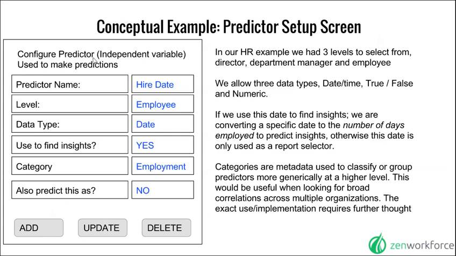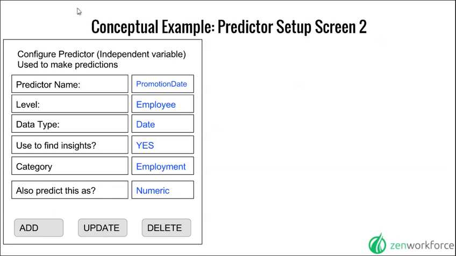So not only is it a predictor, but also predict it. So let's say we said that was equal to yes. In this case, we have filled in the value numeric. So it's possible to use the promotion date to predict other events and simultaneously predict the promotion date by just using this option here. And that's what we're showing.